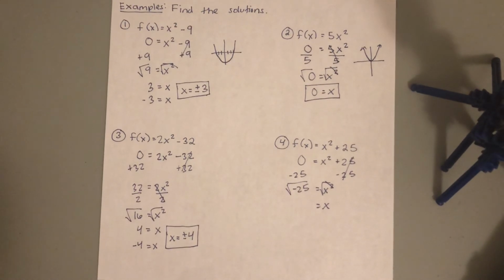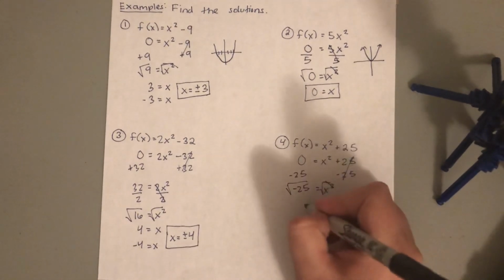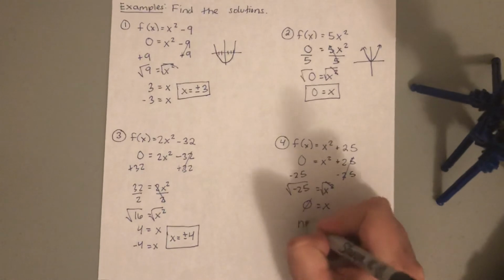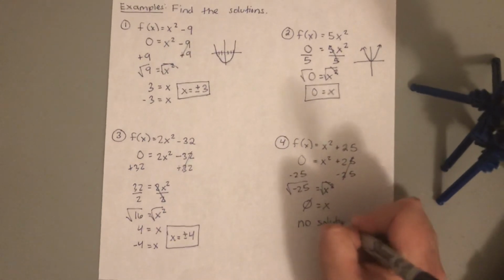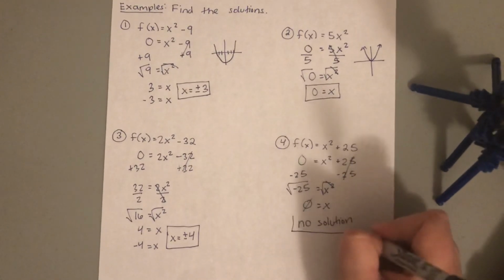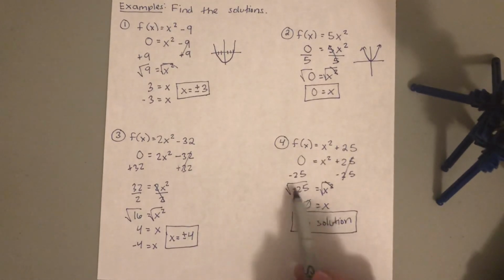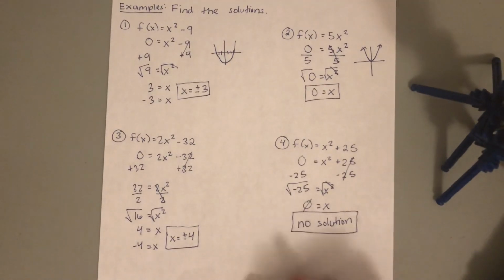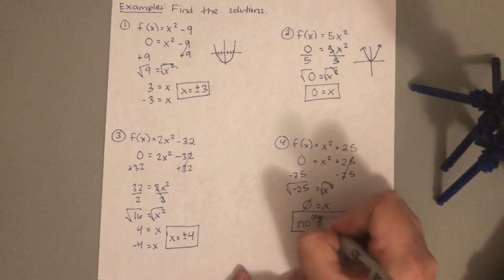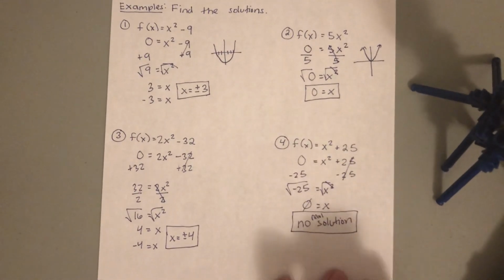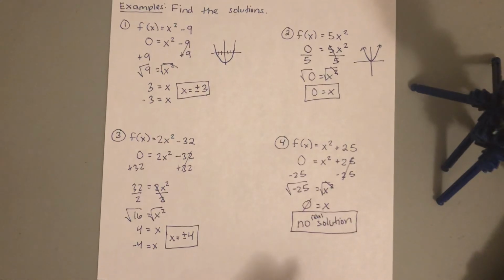So what we're going to do is we're just going to say no solution. So whenever you run into this situation where you're trying to take a square root of a negative number like that, that means that actually I'm going to say no real solution. Because there are things called imaginary numbers and imaginary solutions, but that is for your Algebra 2 days.